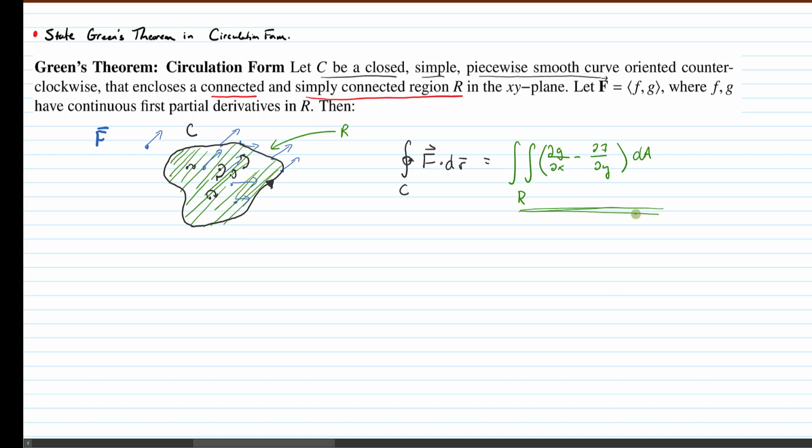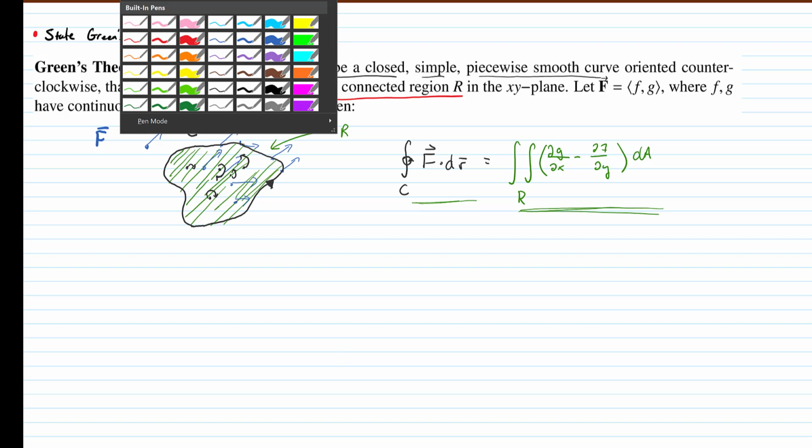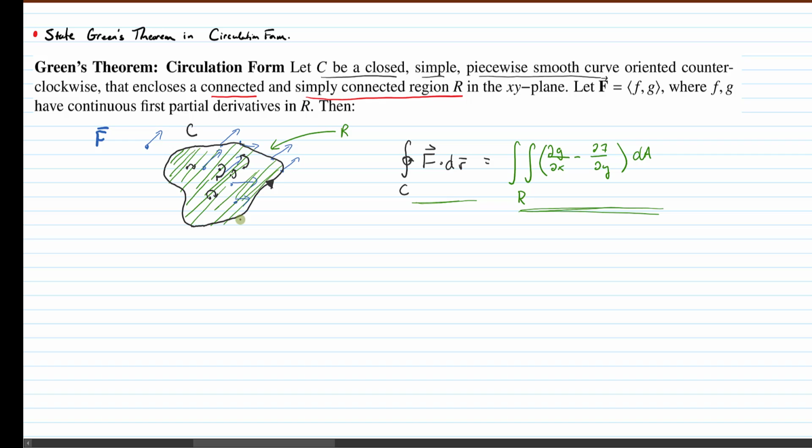If you were to add up all of those curls at all of those points over R, that's what the right-hand side of this form of Green's theorem is saying. That's equivalent to simply adding up all of the components of the vector field F that fall within the tangent vector of our curve C. So along C, you can imagine here is a tangent vector of C, and maybe at that point we've also got some vector of F, and so we take the dot product of F's vector with the tangent vector to the curve at C. That gives us the component of F that's running in the same direction as our curve.